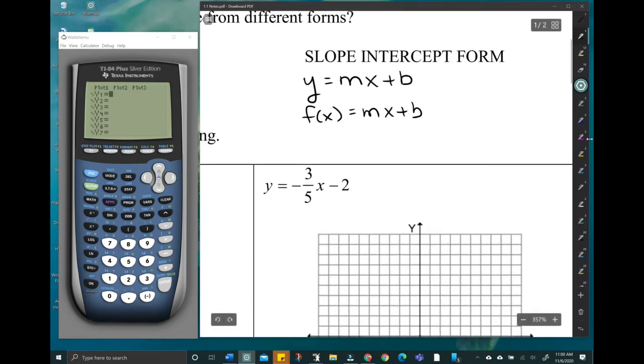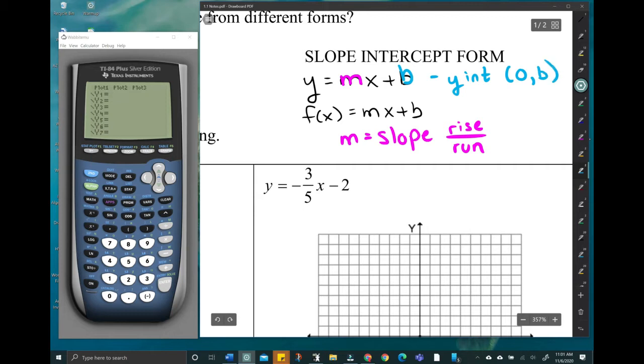It's because m is our slope, which we often think of as rise over run. b is the y-intercept, which is always of the form (0, b). So that's why, pretty silly, slope-intercept form. There's our slope, there's your y-intercept.